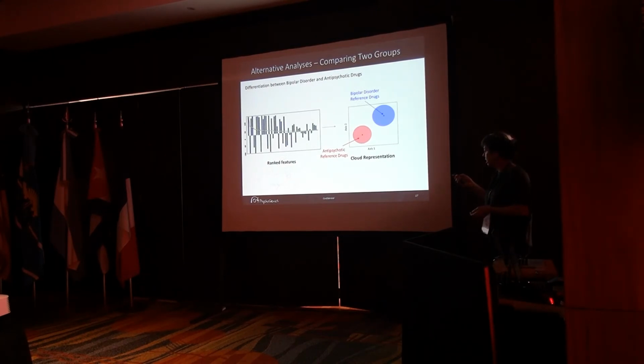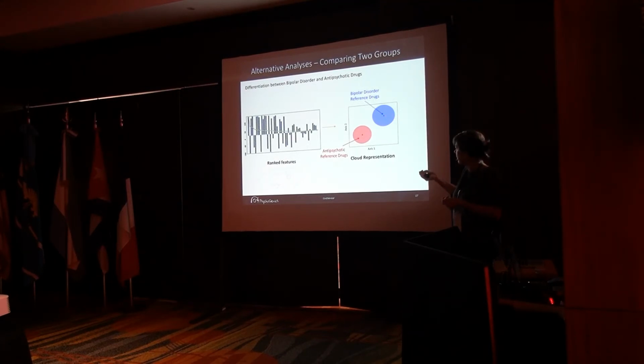In this case, and this is real data, all the mice that were treated with drugs used for bipolar disorder are in blue in this blob or cloud, where the center is the mean and the standard deviation is the radius. And in here we put all the antipsychotic reference drugs.